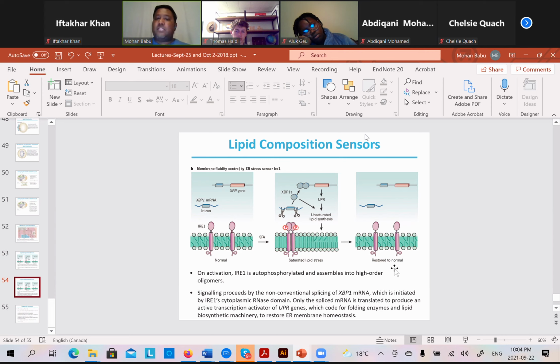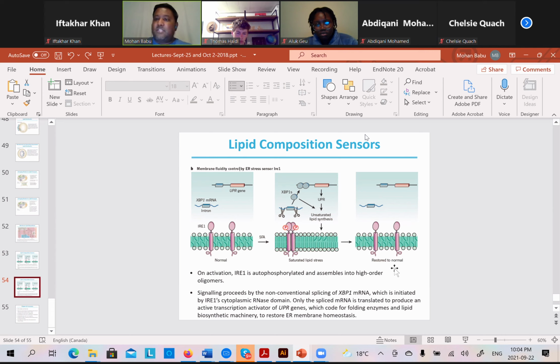Under lipid stress, what happens? Under lipid stress, a lot of membrane perturbation will happen. But IRE1's job is to protect against the membrane perturbation so that the normal restoration of the lipids can happen, because you need to bring back the normal ER homeostasis.